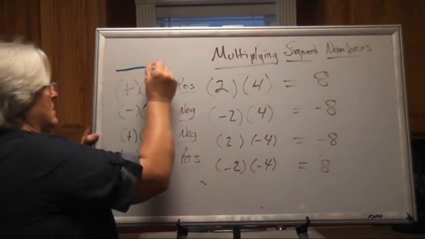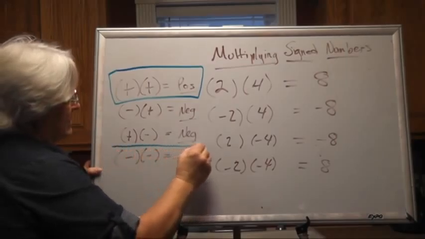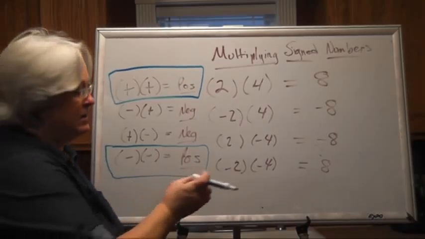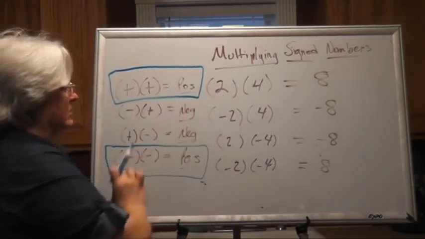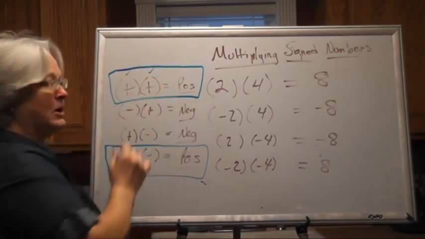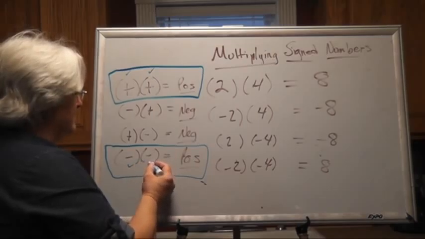Let's separate out those problems that give us a positive product. Well, if you'll notice here, the signs are the same. We have two positive signs and we have two negative signs.